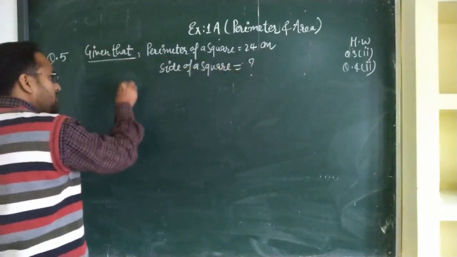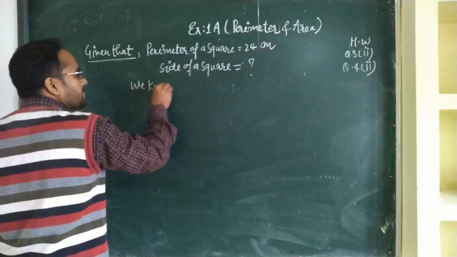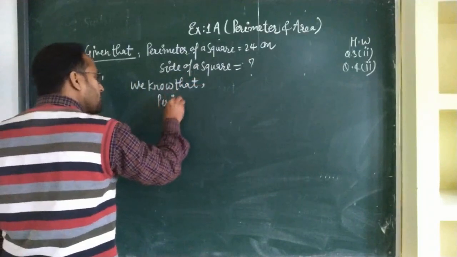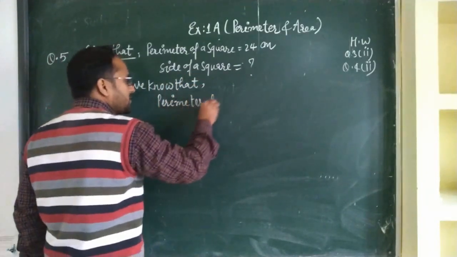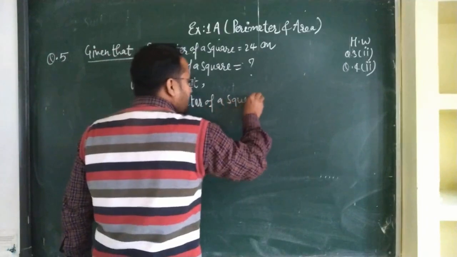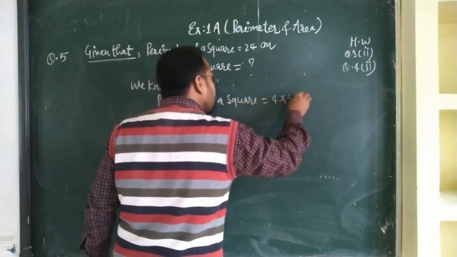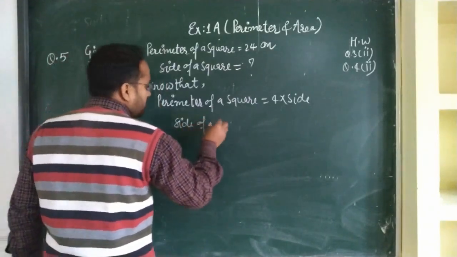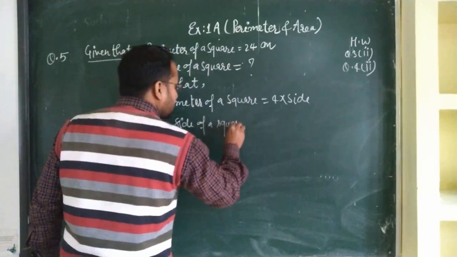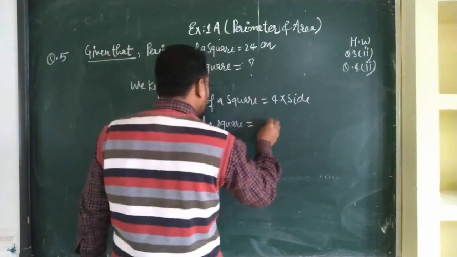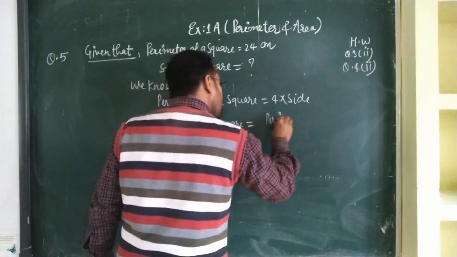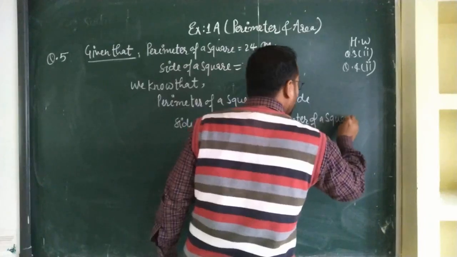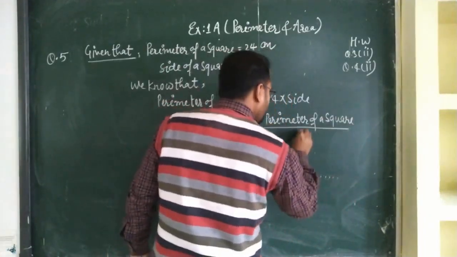We know that the perimeter of a square is equal to 4 multiplied by side. So the side of a square is equal to the perimeter of the square upon 4.